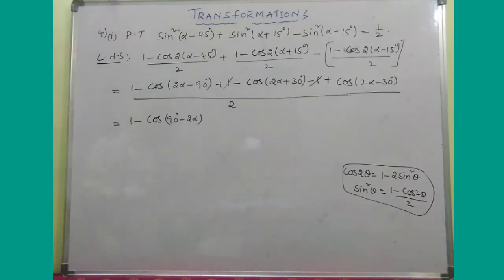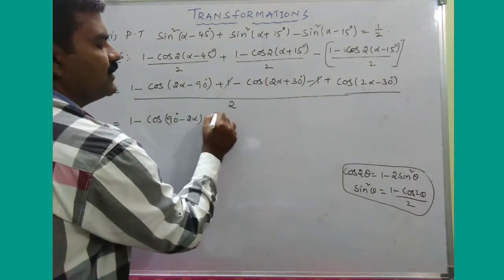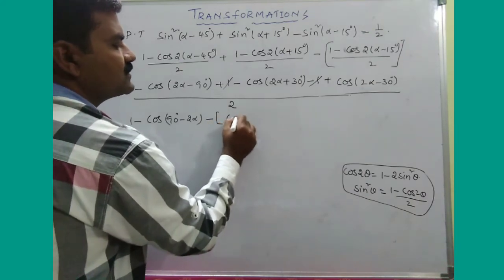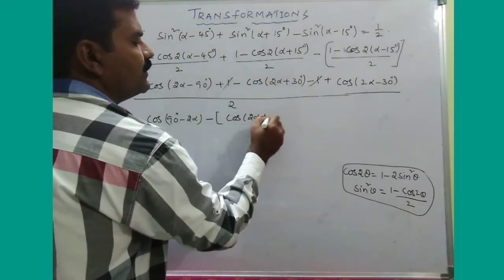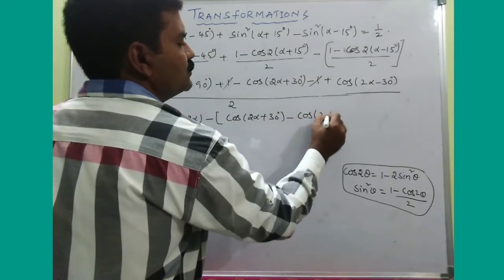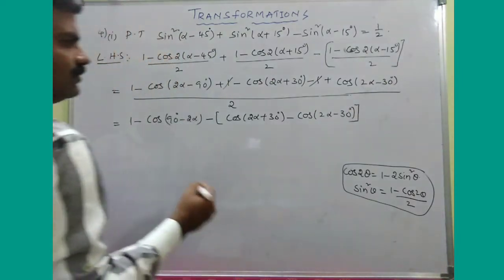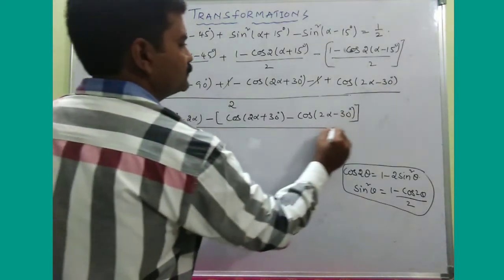And in these two, let us take minus common, so that it is cos of 2 alpha plus 30 minus cos of 2 alpha minus 30, whole divided by 2.